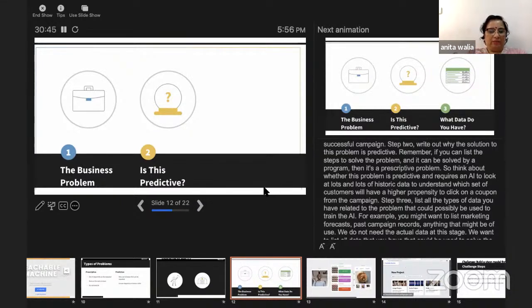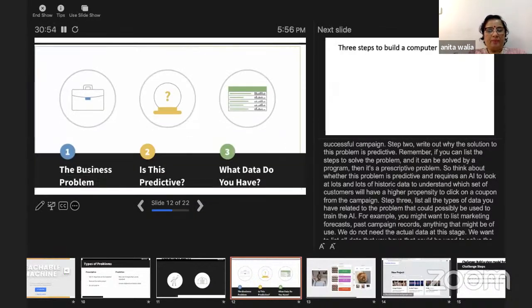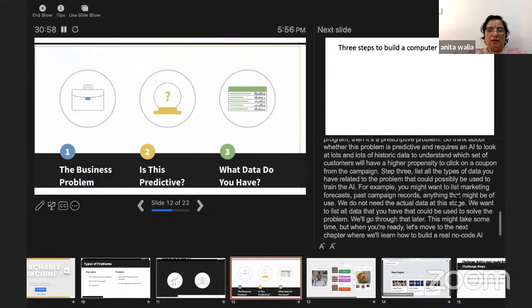Now the step 3. So you are trying to have a problem which is predictive in nature, but the solution is prescriptive. The third step here is to list all the types of data you have related to the problem. The problem is that you need to identify the target customers for sending a particular mail campaign.